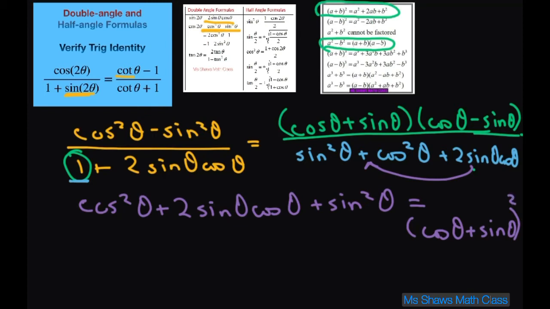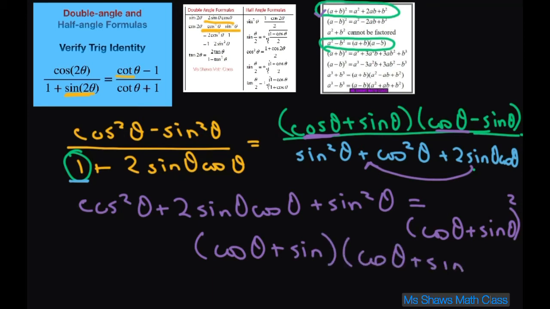I just rearranged it. I wanted cosine first because we have cosine first in the numerator. So remember, cosine theta plus sine squared is going to be cosine theta plus sine times cosine theta plus sine. So that's what I'm going to do on the next slide and write this.